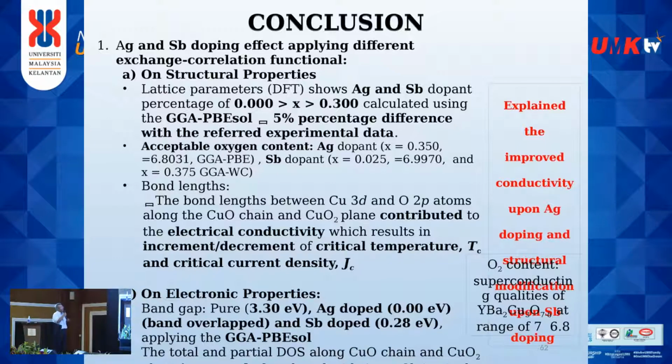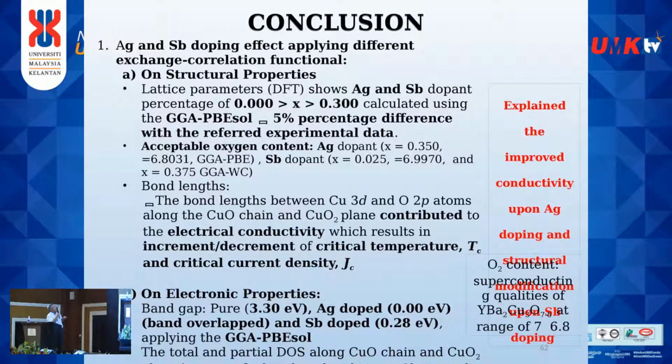So it explains the improved conductivity upon silver doping and the structural modification of antimony doping. On electronic properties, the band gap for pure is about 3.3 electron volt, and for silver it is around 0 if you use the DFT method. The total and partial density of states along the copper oxide chain and plane increase after doping with silver and antimony, singular in the crystal structure.